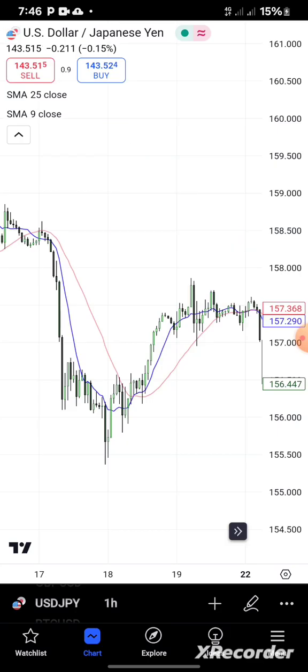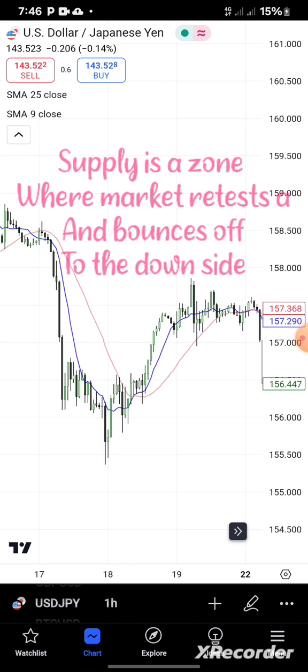Then today in this video I'm going to be teaching supply and demand, how you can find supply zones and demand zones in the market. Supply is a zone where price is likely to react and move to the downside, to the bearish side, when the bears are taking over the market.